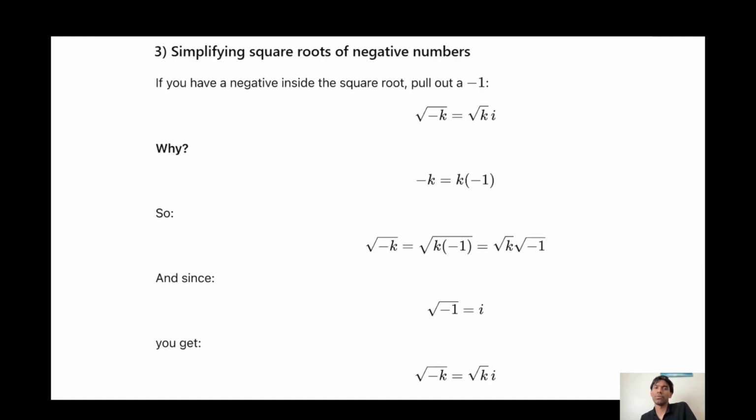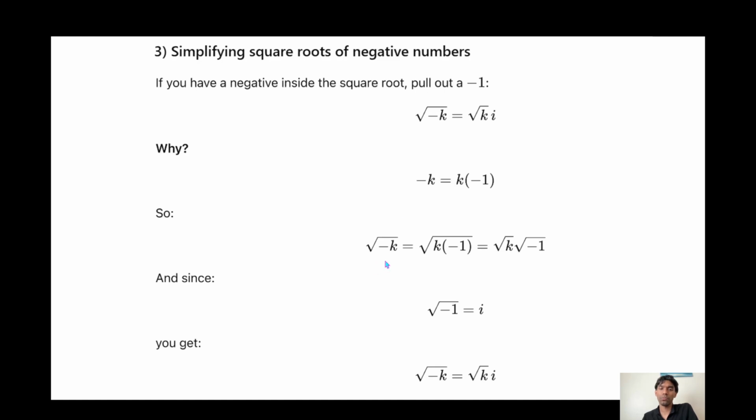So how do we simplify square roots of negative numbers? If given a negative inside the square root, we first pull out the minus 1. So square root of minus k is equal to square root of k multiplied by i. Why is that? Minus k is equal to k multiplied by minus 1.